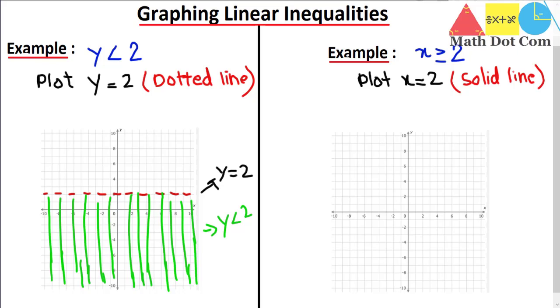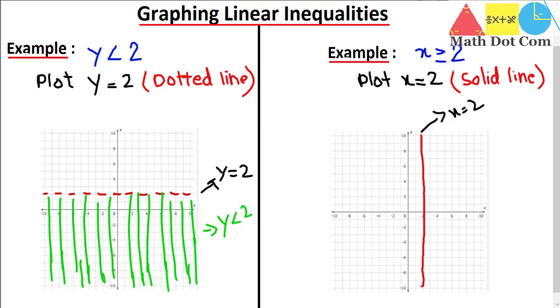So what does it mean by x is equals to 2? It means the value of x will remain 2 for any value of y. So this solid red line is representing x is equals to 2. But our linear inequality is x greater than and equal to 2. It means the solution of this inequality will be the points included in this solid line as well as the points above this line.